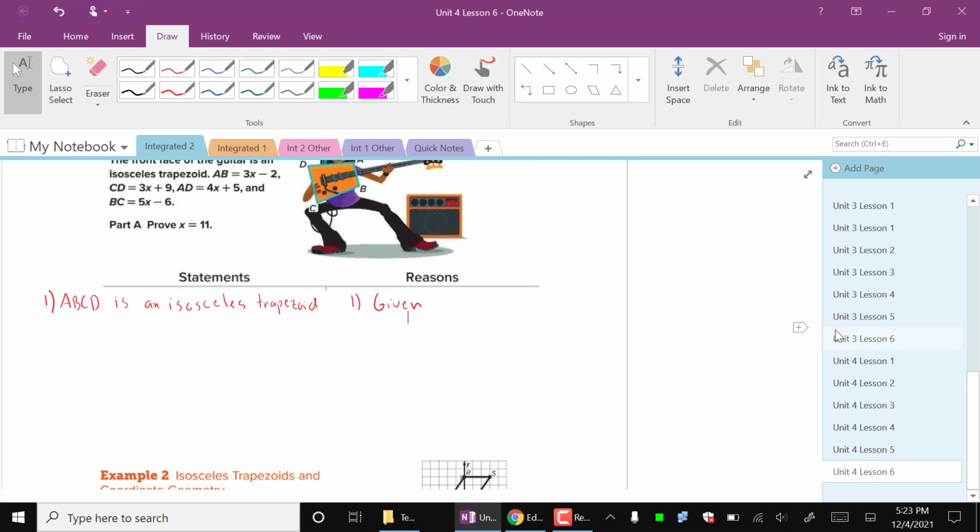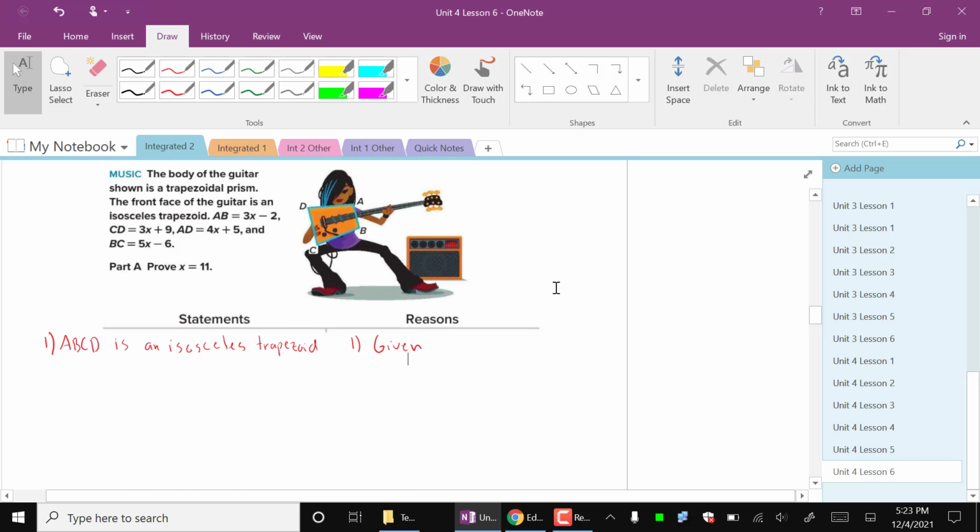Now we want to start working through and proving this. First off, what do we know by definition of trapezoids? We know from the definition of isosceles trapezoids that line segment AD is congruent to line segment BC.